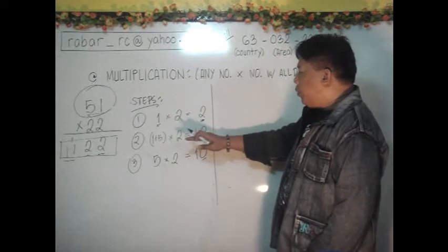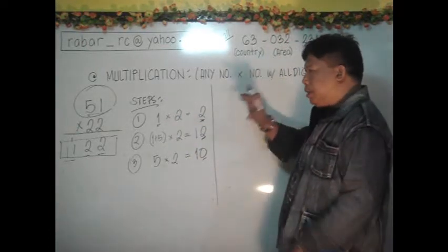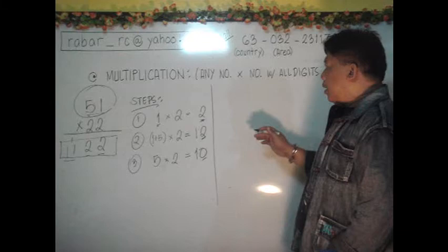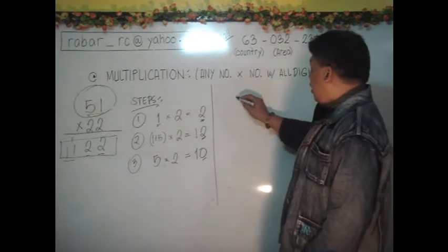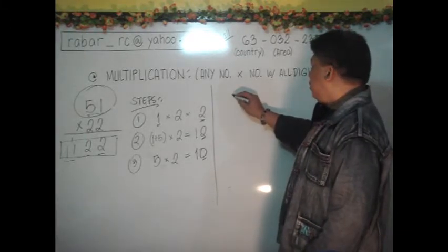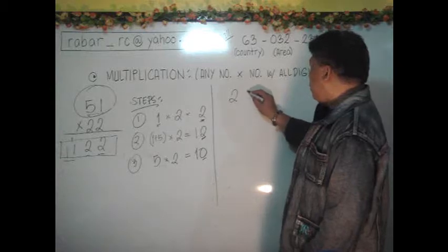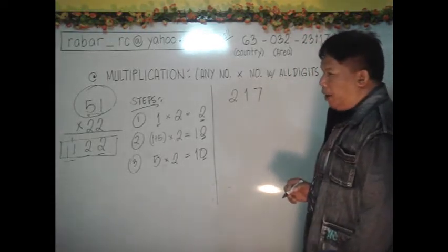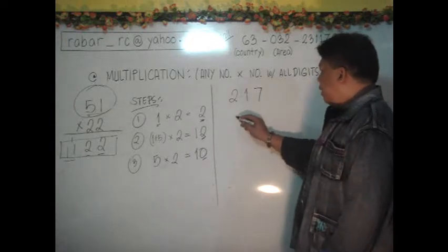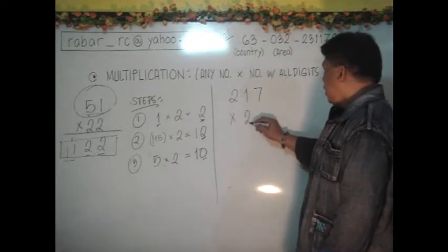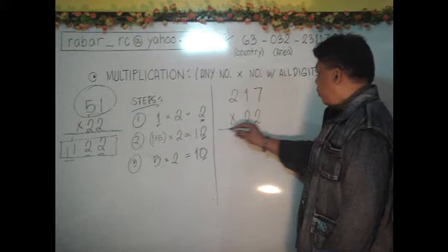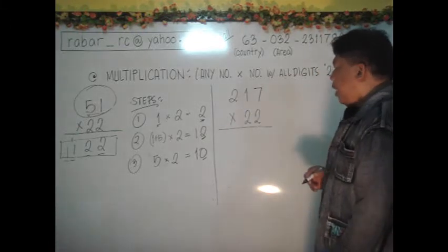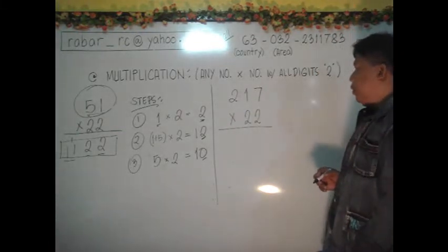Just remember what we are doing here. Then do it mentally, just one line, then you can get the answer. For example, you have 217 multiplied by, let us say, 22. Again, with this digit of our multiplier, which is equal to 2.